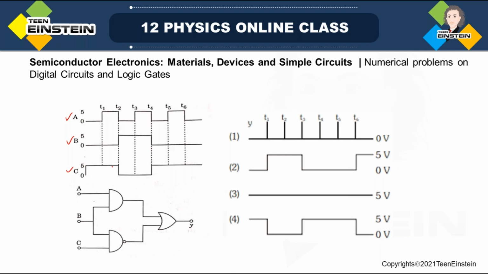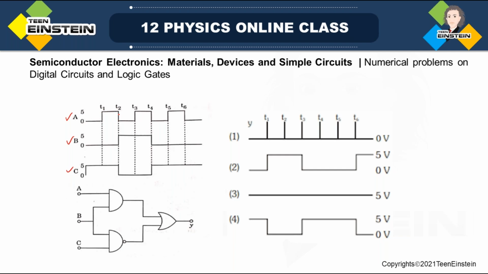From 0 to T2, C is always on or at high level. Similarly, if you see B, in the 0 to T2 time interval, it will always be low. And again A, from 0 to T1, this interval, it is off or at low level, and in the T1 to T2 interval, it is on.